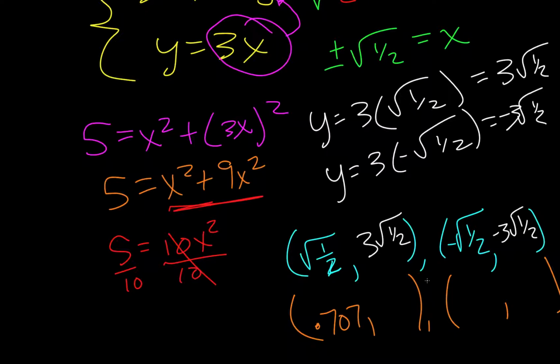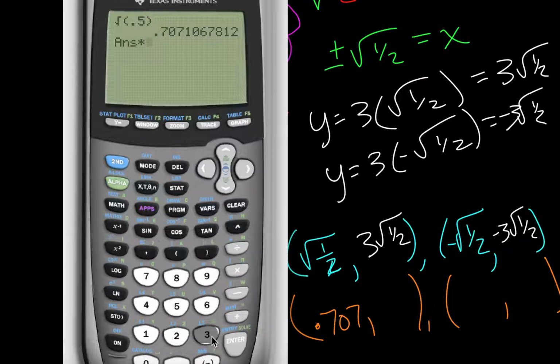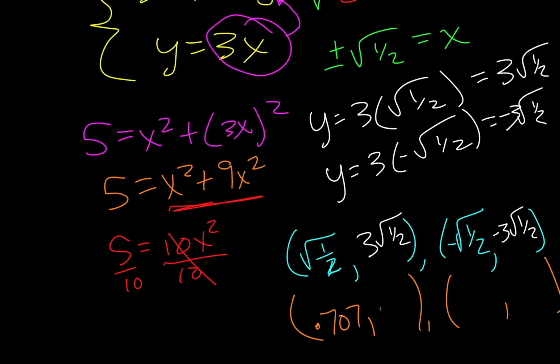Then we have 3 times that answer, so we just need to multiply that by 3. We get 2.12. Okay, this one is the same as this, just negative. So negative 0.707. This is the same as that one, so negative 2.12.